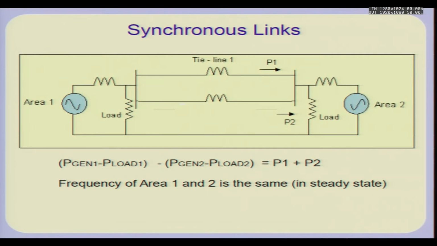The important thing is the frequency at both ends is always the same in steady state, of course, and if you are stable, P generator 1 minus P generator load 2 is the load generation imbalance at this end minus the load generation imbalance at that end. If you assume that the system is lossless, then P1 plus P2 will be equal to the difference between them. So, this is what is seen in a synchronous link.